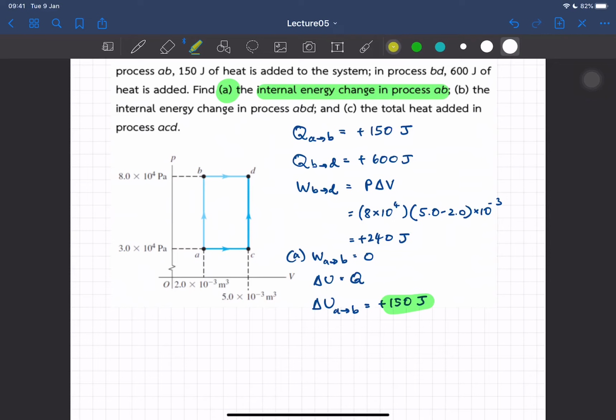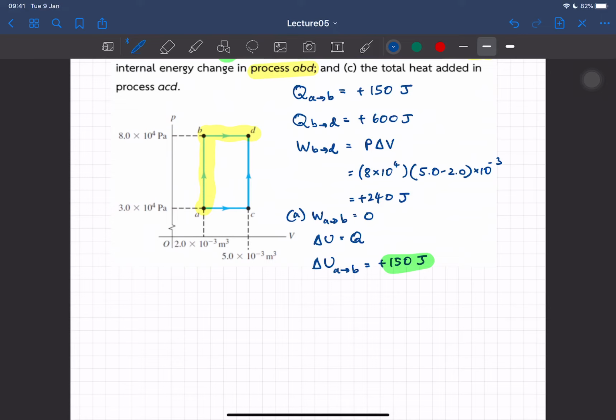The next one is the internal energy change in the process ABD. So it's going up and then to the right, like that. Okay, so we can do the same thing as we did before, right?